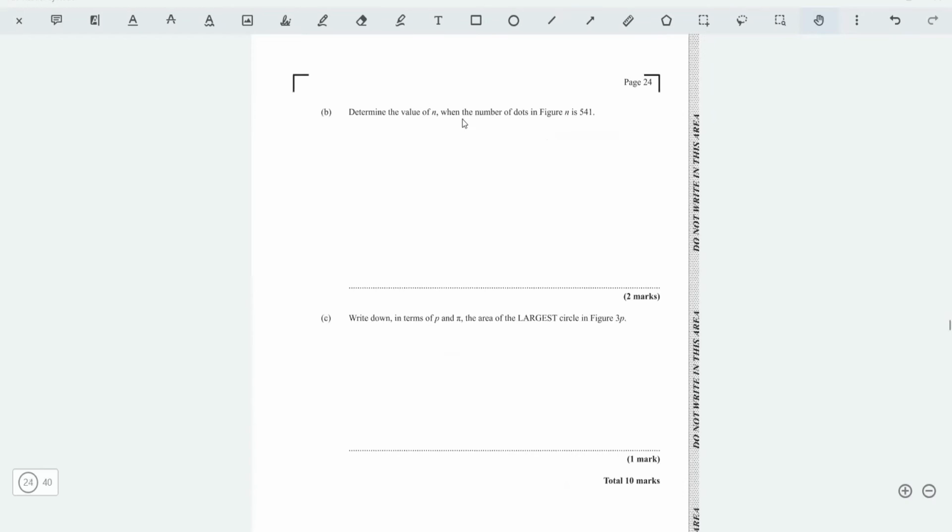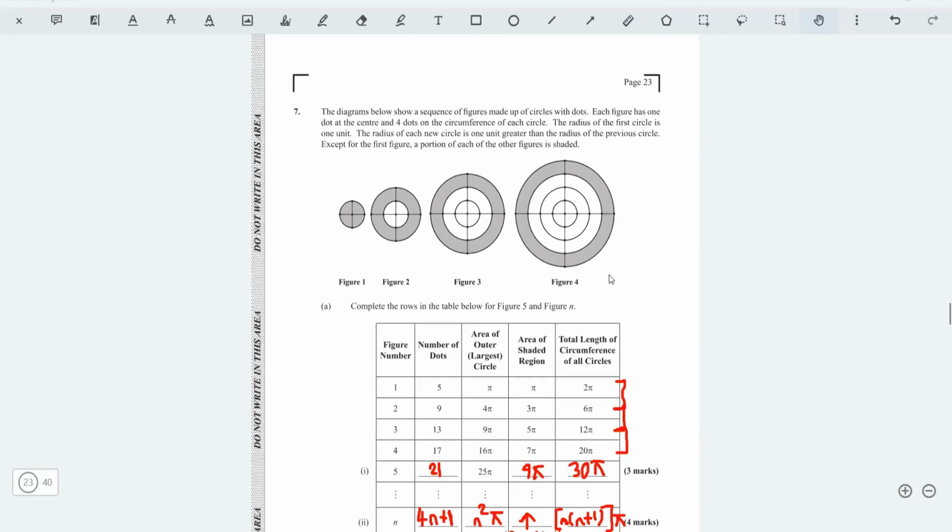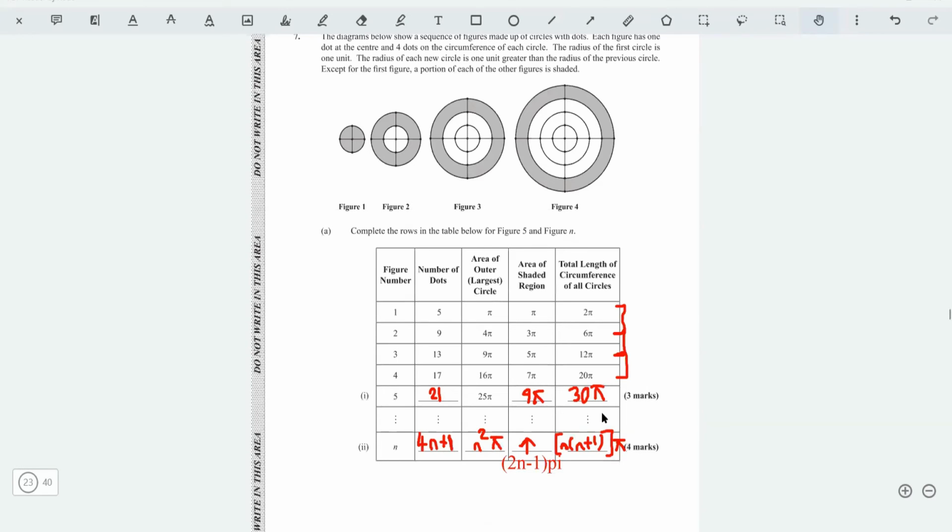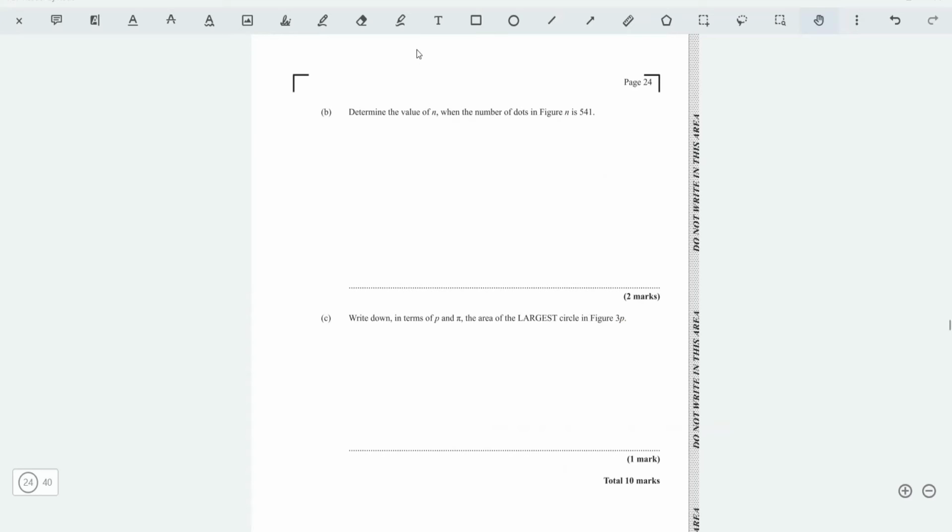Then it says determine the value of n when the number of dots in figure n is 541. The number of dots is 541. So we're going to set 4n plus 1 equal to 541. Subtract the 1 and we get 4n is equal to 540.